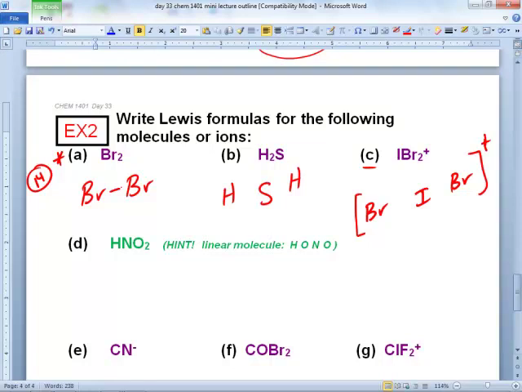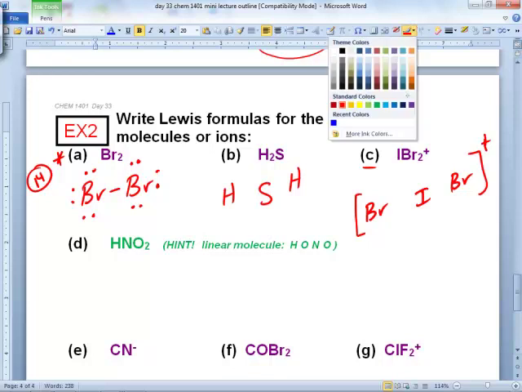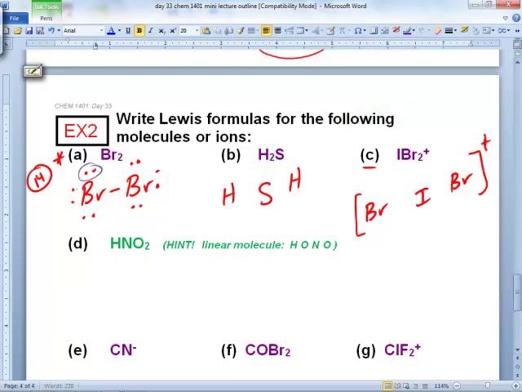So just put the bond first. That's what I do. So I connect the stuff, and then I'm going to make octets around all the surrounding atoms. Well, there's no real central dude, but I made an octet. Notice how I made an octet? That line, the bond, is really counted twice, right? If I change colors here, 2, 4, 6, 8.